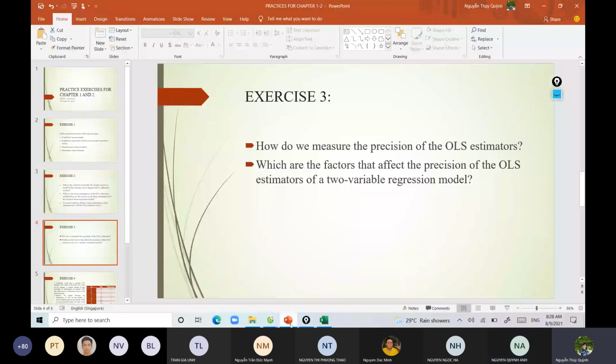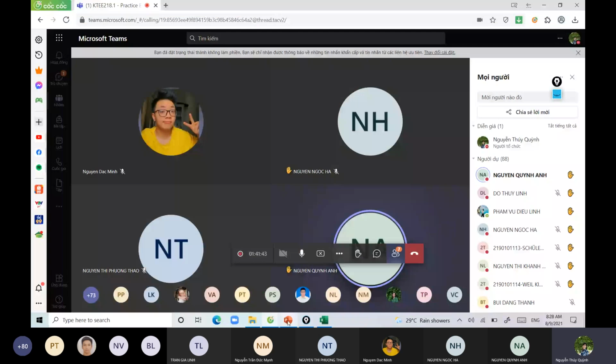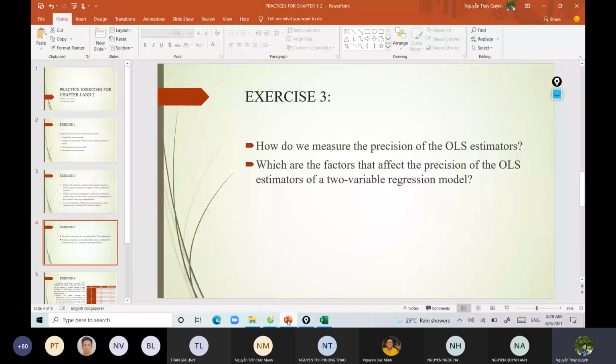So to measure the precision of the OLS estimators, we can use the variance or the standard deviation of the OLS estimators. Okay, and the second question, what are the factors that affect the precision of the OLS estimators of a two-variable regression model?